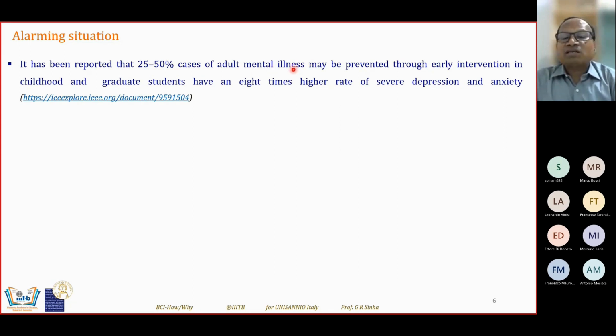If you remember, in the last lecture also, I tried to present you a scenario of how many people are undergoing different types of mental stresses and mental disabilities. So there is a latest survey included in this paper. It reports that 25 to 50% of cases of adult mental illness can actually be prevented through early intervention. Hope you understand the term intervention.